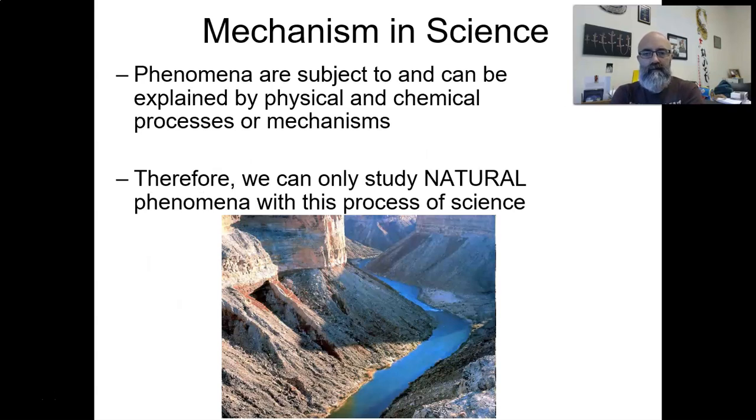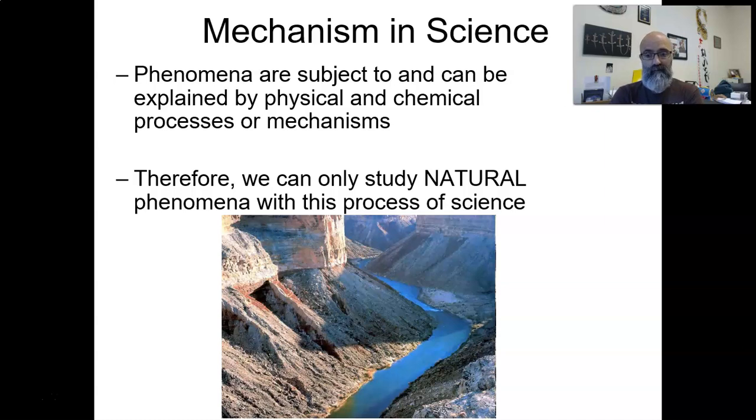It's important that when we come up with an explanation for something we observe, we need to be able to understand the mechanism that explains that observation, right? So phenomena are subject to and can be explained by physical and chemical processes or mechanisms.